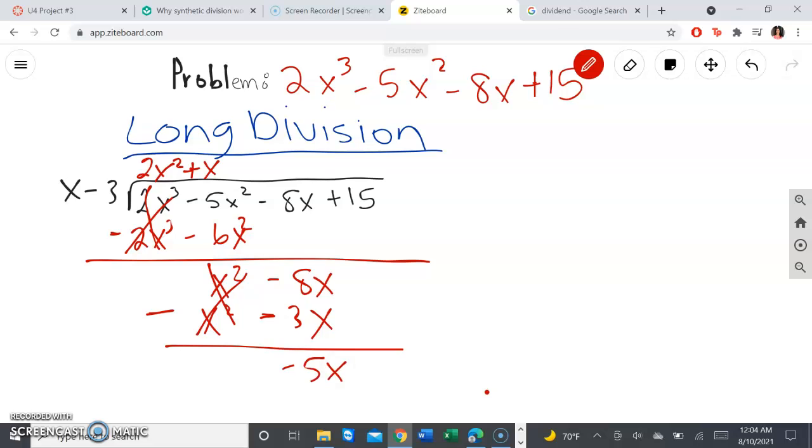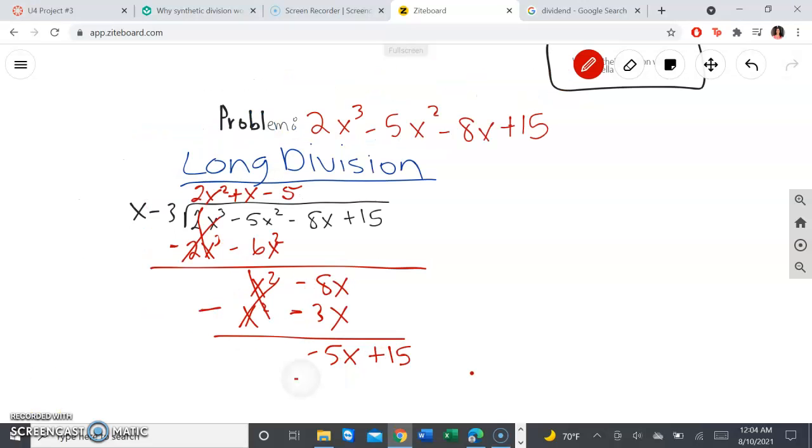And then you want to bring down the positive 15, and then what you want to do is divide negative 5x by x, and that would give us negative 5 up there. And then once again you want to subtract, multiply negative 5 by the first term, which is x, to give us the same answer again.